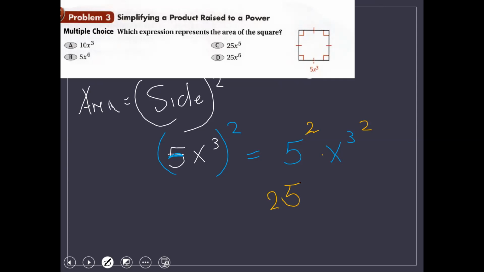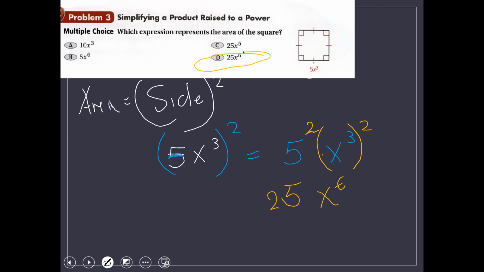Then look here now: we have x cubed to the power 2, so I multiply 3 times 2, which is 6. So the answer now is 25x to the power 6.